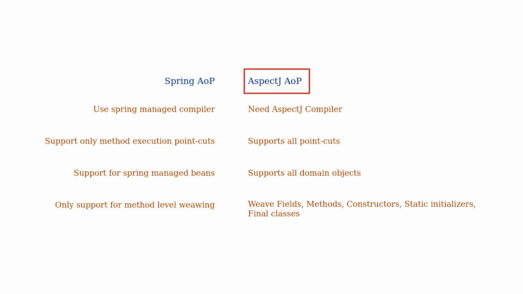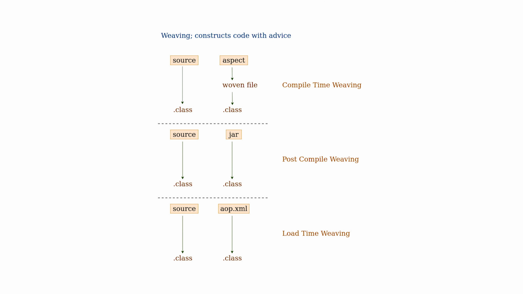AspectJ is a full implementation of AOP, where it supports all domain objects in a program, and it is executable at all levels such as methods, fields, etc. But AspectJ needs the AspectJ compiler, and Spring works with the Spring provided compiler. All the aspects transform into executable code, which is known as the weaving process.